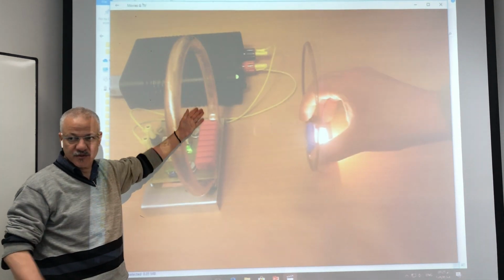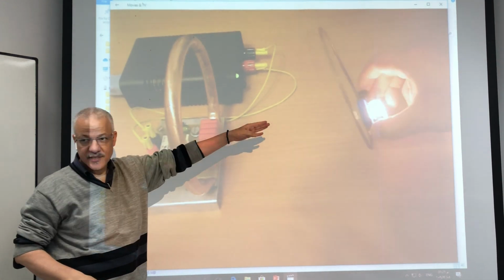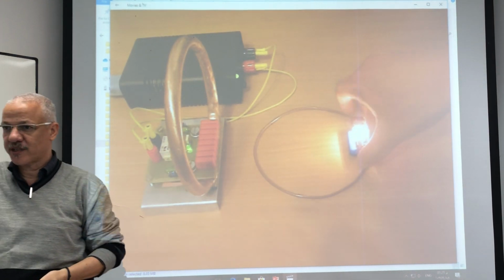Current, flux links the other circuit, so it reduces the voltage.